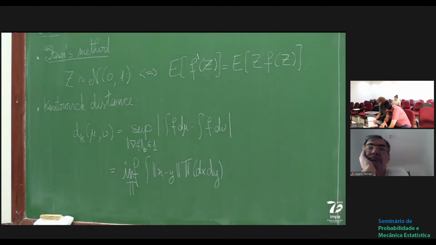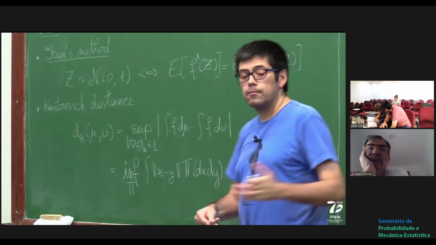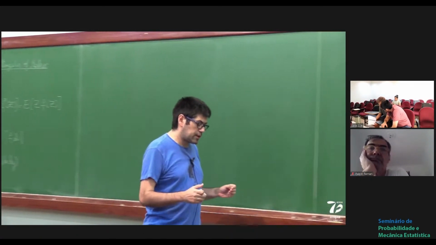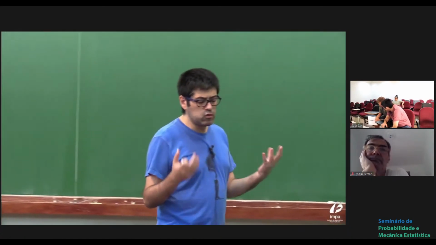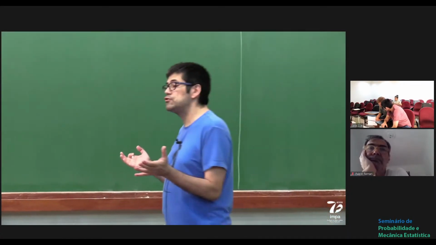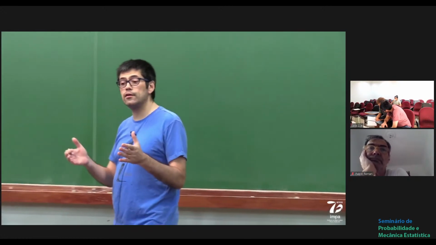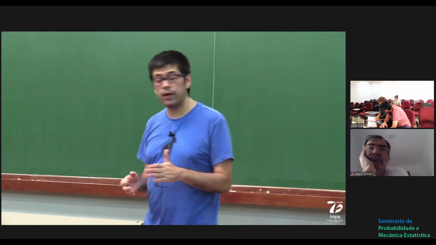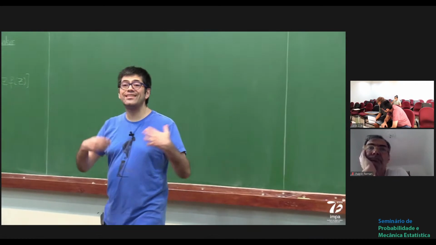Okay? So the usual way in which one shows convergence, or not even convergence, but sometimes you are not absolutely interested in proving convergence, you're just interested in proving closeness. Okay, so that's what we call quantitative convergence.